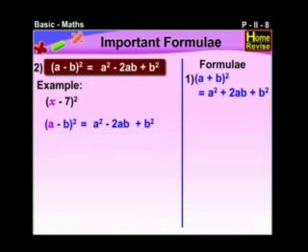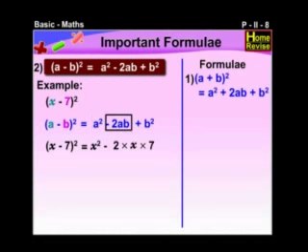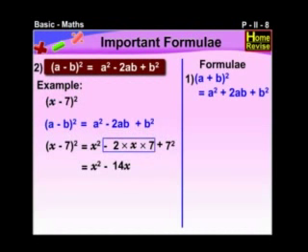Here a means x and b means 7, so it is x square minus 2 into x into 7 plus b square, that is square of 7. Simplify this step: x square minus 2 into 7, that is 14x, plus square of 7, that is 49.